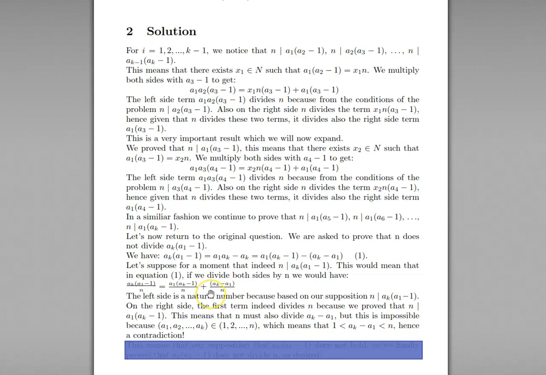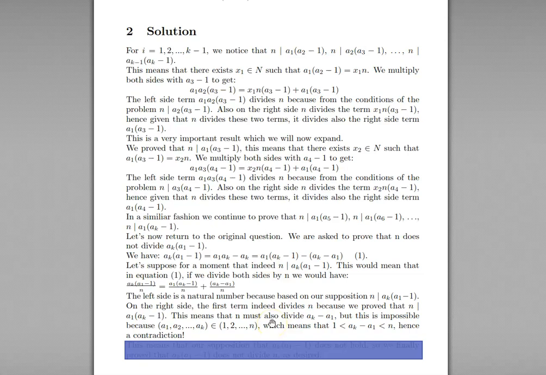But this also means that the expression ak minus a1 divided by n will also be a natural number. But this is impossible because of the simple reasoning that the set of numbers a1, a2, up to ak is taken from the set of numbers 1, 2, up to n.